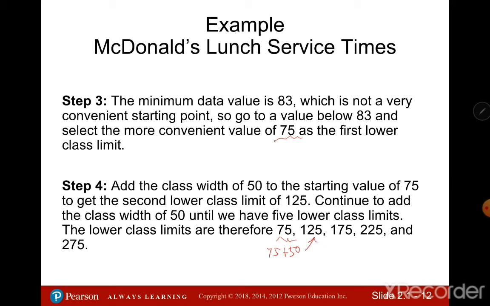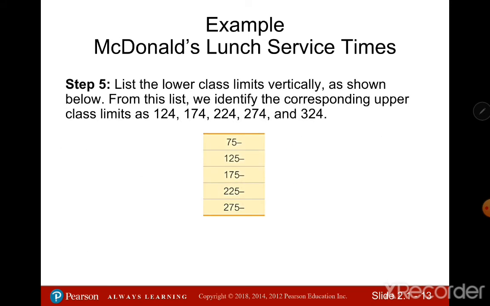And so on. We add 50 to get the third, and add 50 to get the fourth and the fifth. So we get all of the lower class limits. Next step, we should list all the lower limits in a column. So you will check it this way.